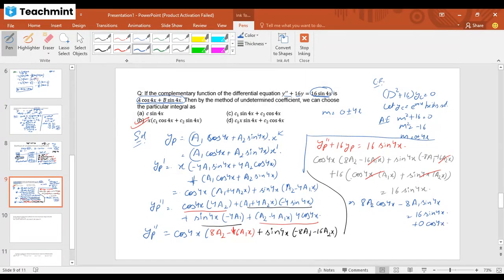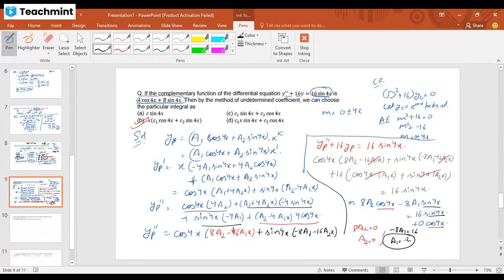Now comparing like terms, cos 4x with cos 4x and sin 4x with sin 4x, the coefficient of cos 4x is 8a2 equal to 0 and the coefficient of sin 4x is minus 8a1 equal to 16. So the value of a2 comes out to be 0 and the value of a1 comes out to be minus 2.